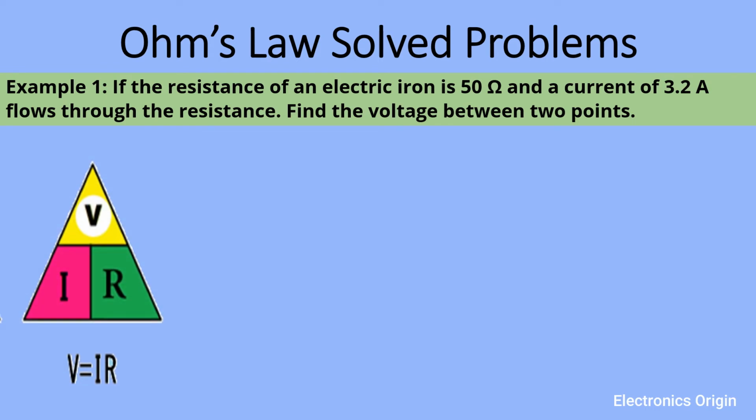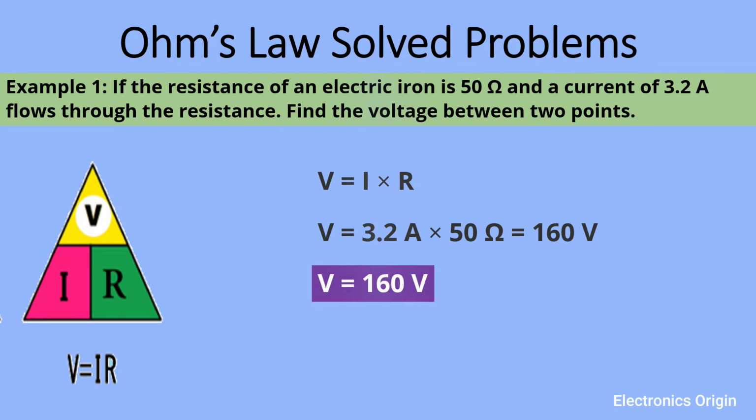Now, we are left with I and R, or more precisely I into R. Therefore, we use the following formula to calculate the value of V. V equals I into R. Substituting the values in the equation, we get V equals 3.2 times 50 ohm equals 160 volt. V equals 160 volt.